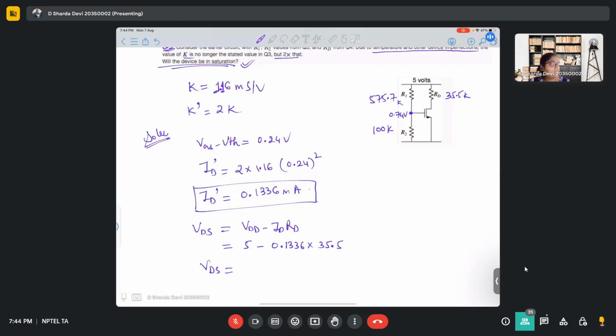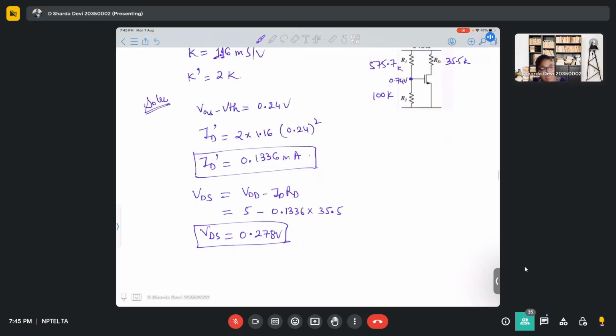The VDS that we are getting is 0.278 volts, and this VDS is actually greater than your VGS minus VTH, that is 0.24 volts. So yes, the transistor is in saturation.